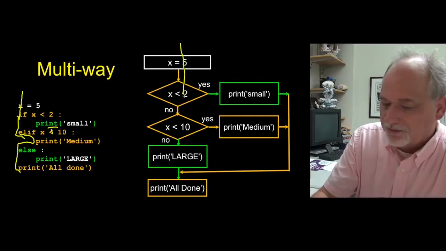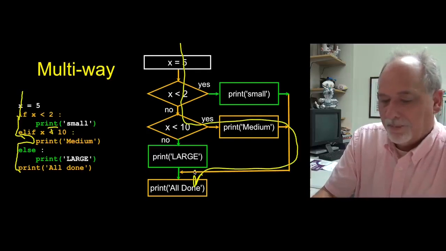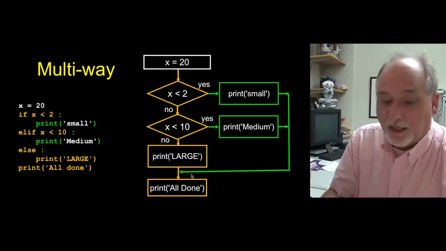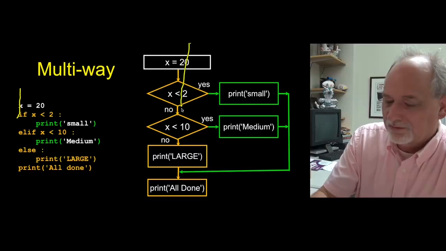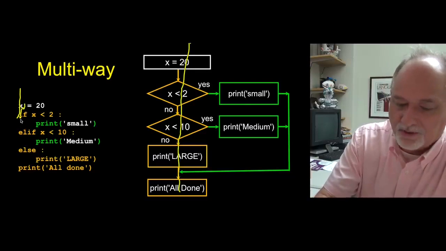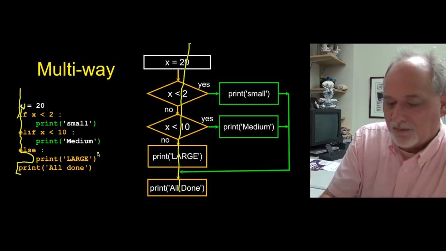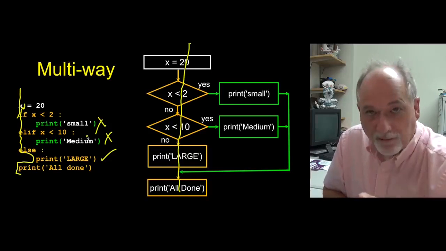It goes false, true, run, end. And then if x is like 20, for example, it goes false, false, run the else clause, and you're done. So in this case, we ran that, and we didn't run that, and we didn't run that. Again, one of them's going to run.